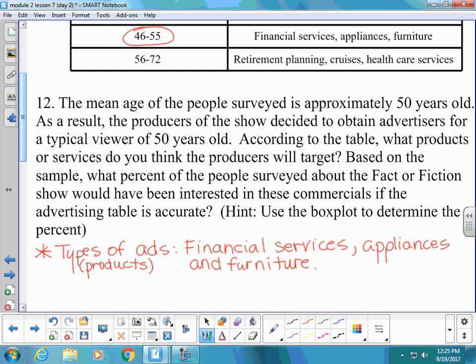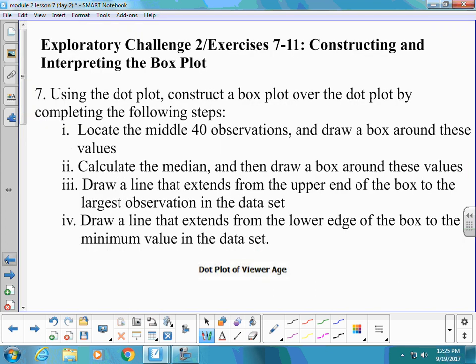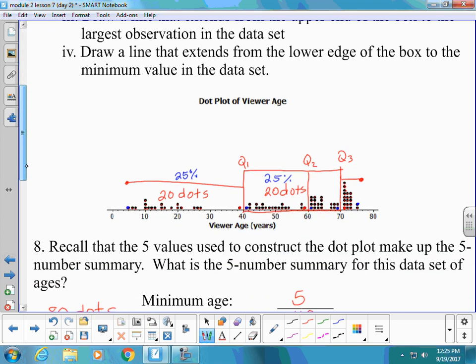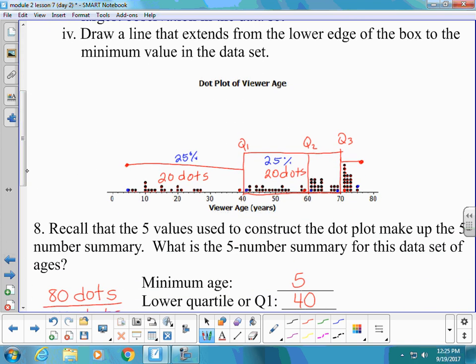Then it says, based on the sample, so that's going back to our box plot, what percent of people surveyed about the Fact or Fiction show would have been interested in that? So if we go back to our dot plot, what percentage of people were around that age 50? Well, according to this plot here, the 50-year-olds are in this part of the box.